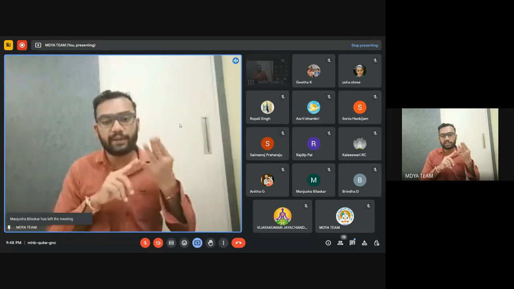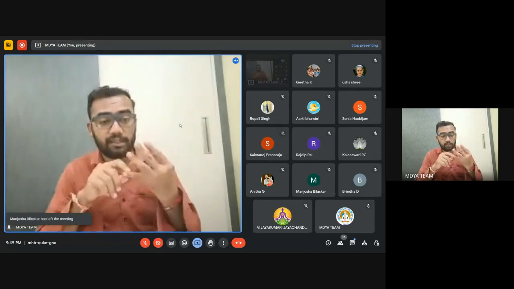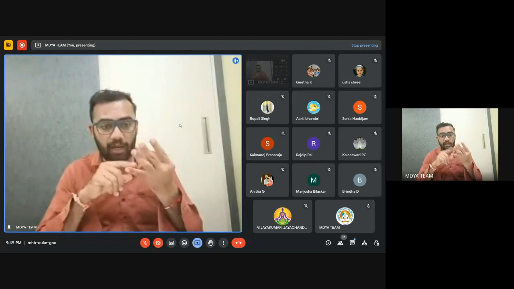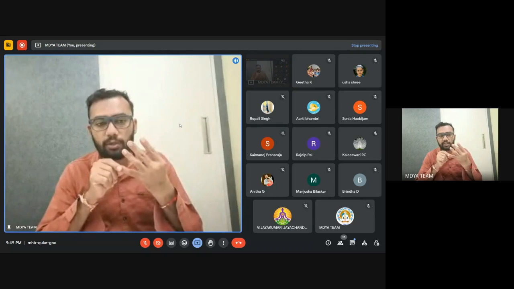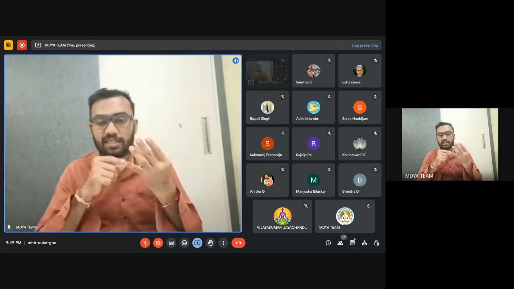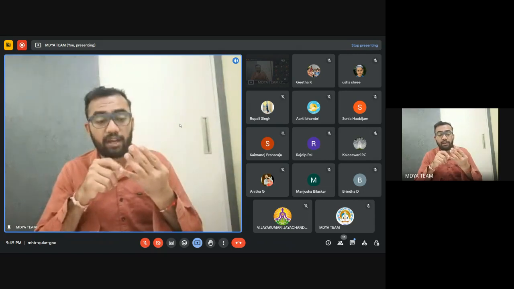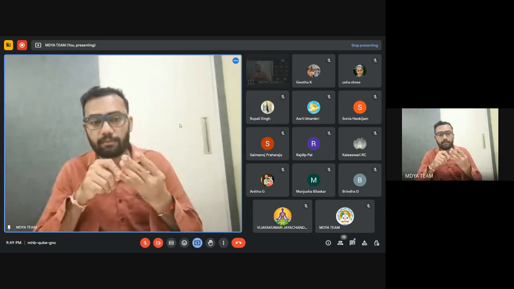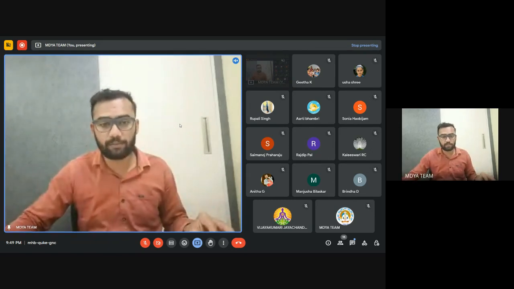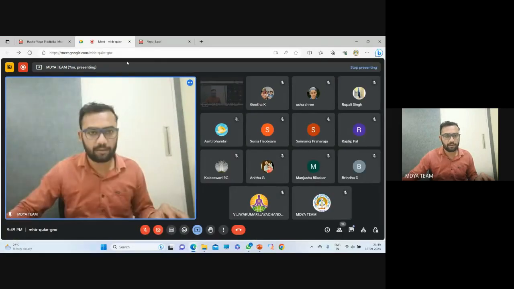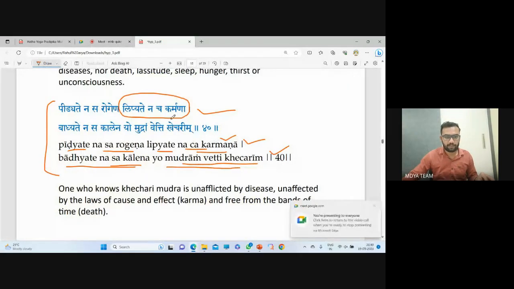It means the yogi who is in Khechari Mudra, his whole karma will be neither Shukla nor Krishna, it is Yogi Karma. That's why at that stage the karma will have no effect. Maybe you studied this concept in Yoga Darshan, chapter 4, sutra 7. That is Khechari Mudra. This question has been asked in the UGC exam also.